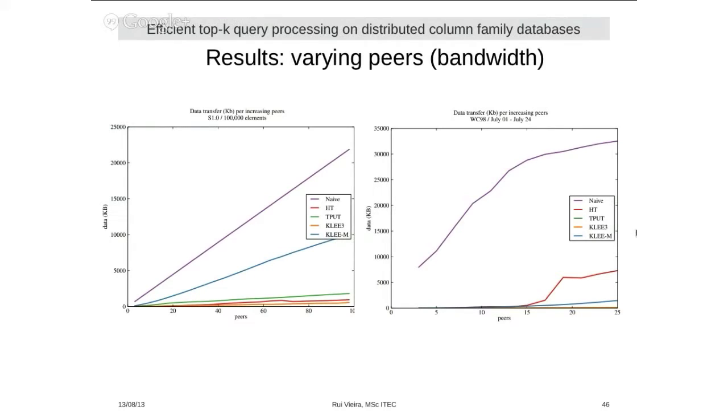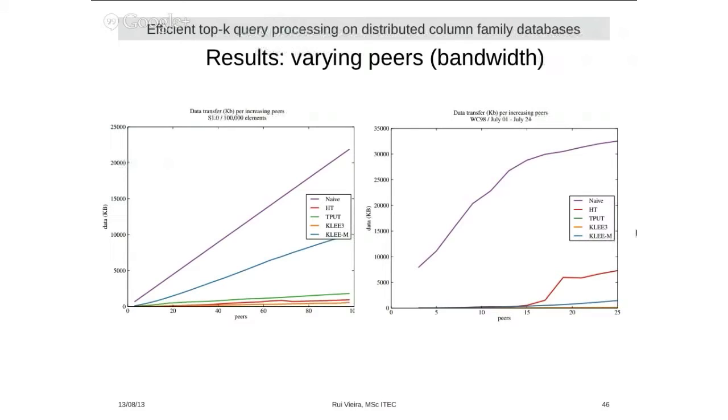So say if we wanted to search for data for months, let's say for the top k of certain months, 100 peers would be 100 months. So that's quite a wide interval. So we can see it still behaves in a good fashion for a high number of peers.